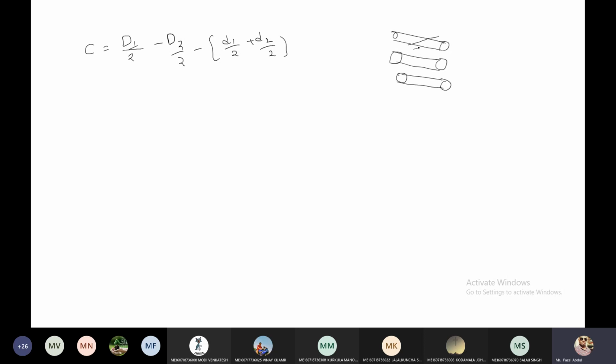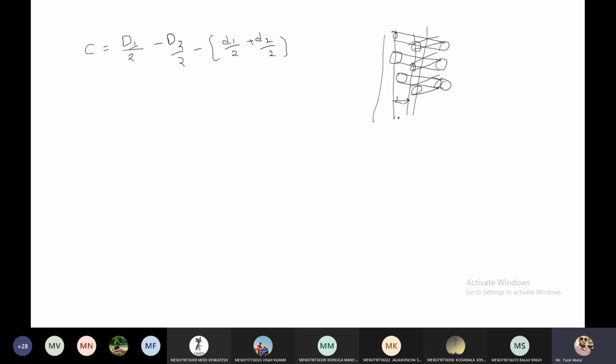Now this is the second spring. Only half portion I am considering. Now this is the axis of the first spring wire, and this is the axis of the second spring wire.